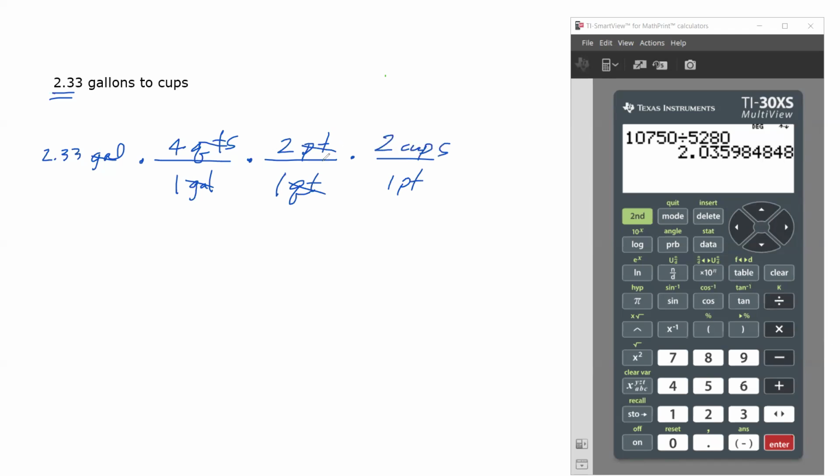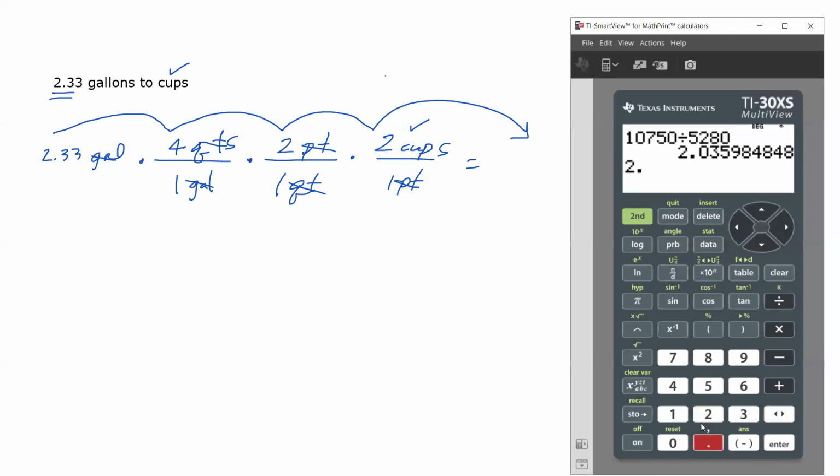Okay. Pints cancels. Now, notice that all the words are gone except for cups, and that's what I'm trying to do. So that's how I know, okay, I've done enough converting. I'm ready to just figure out the numbers. So 2.33 times 4 times 2 times 2. That's what we're going to do. We're going to multiply across the top.